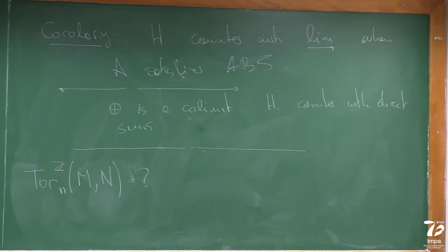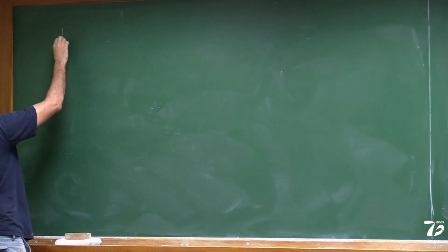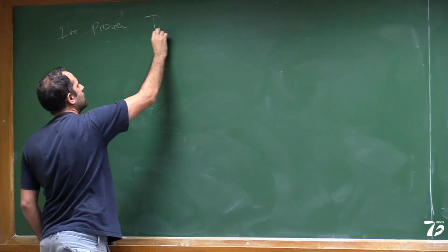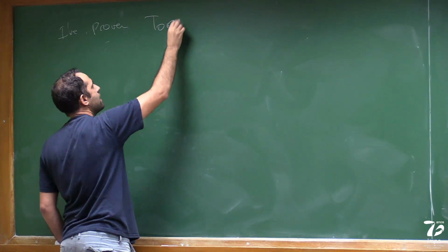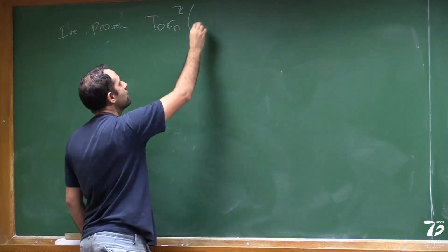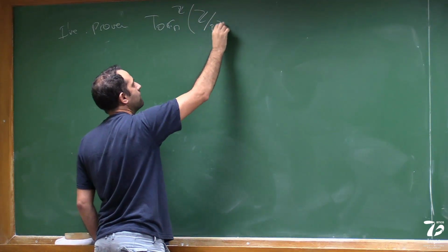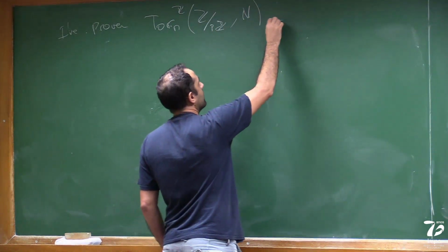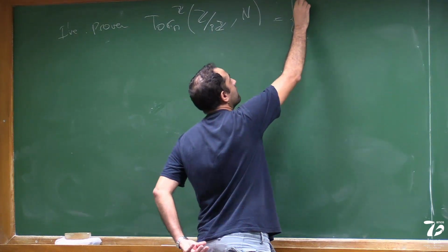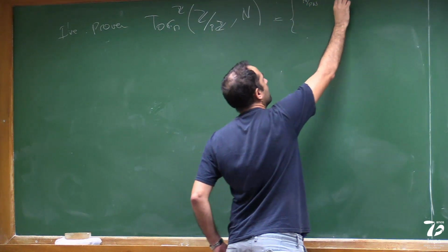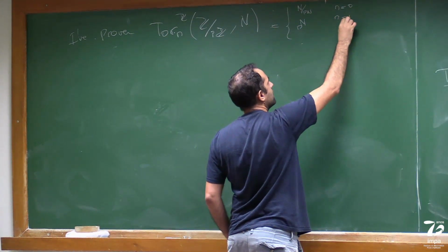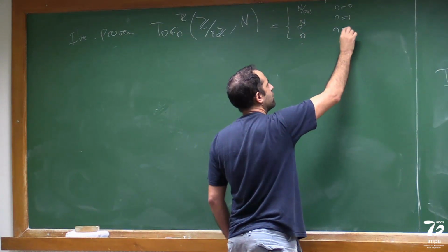Remember, I proved something already. We computed the torsion Tor_n over Z of Z divided by pZ with any N. And this was N divided by pN for n equal to 0, the p-torsion of N for n equal to 1, and 0 for n bigger or equal than 2.